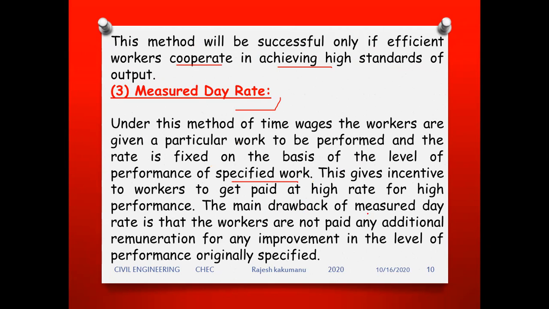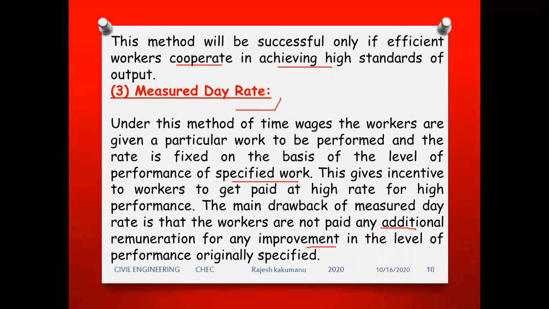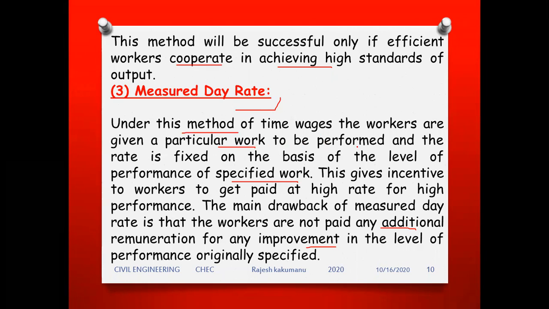What is the main drawback here? The drawback is that the workers are not paid any additional remuneration for any improvement in the level of performance originally specified. So here the concept is, in this method of time wages, workers are given a particular work to be performed and the rate is fixed on the basis of the level.